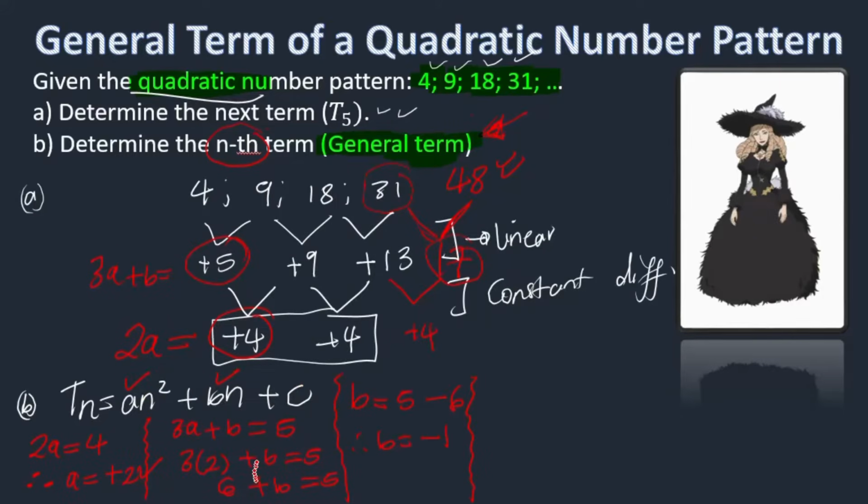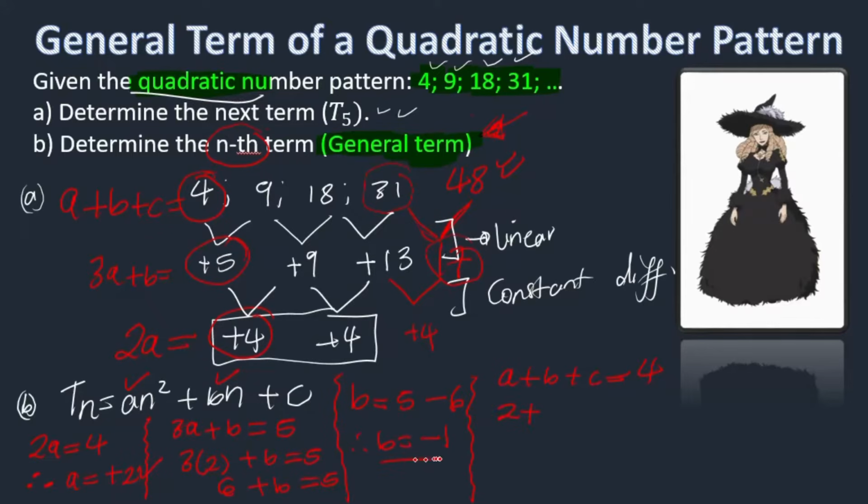Now I'm looking for C. We said, how do you find C? You come here, you say A plus B plus C. You equate it to this first term here. Right? So let's write that down. A plus B plus C must be equal to the first term, which is 4. Then again, we already have A. A is 2.